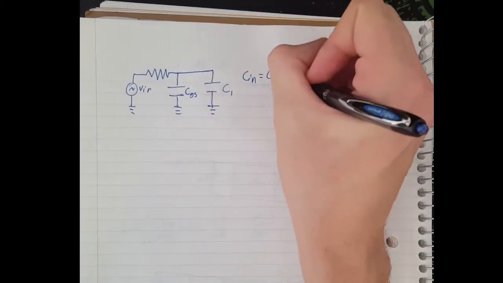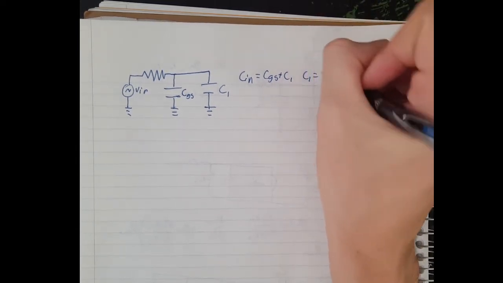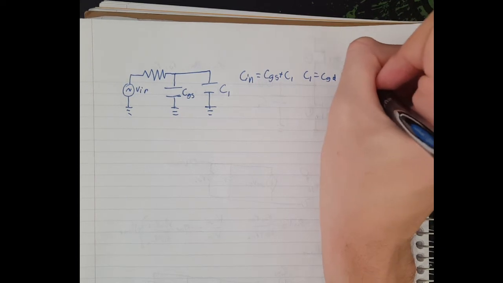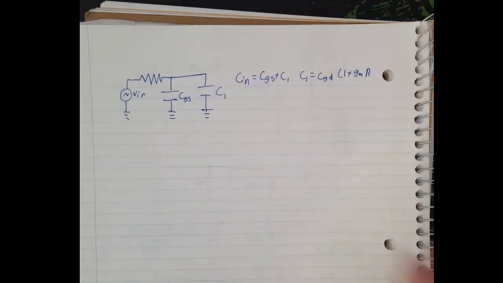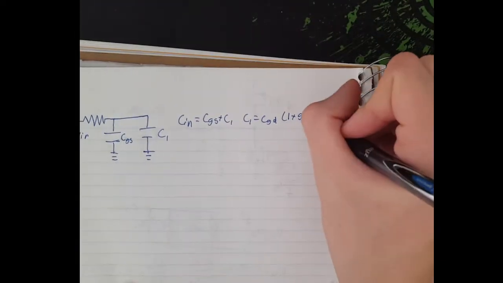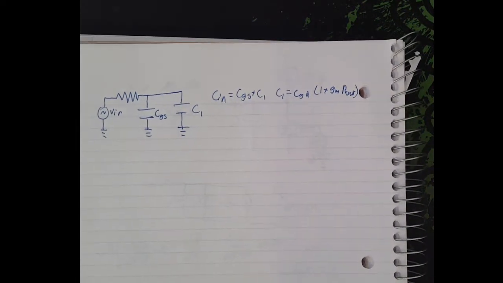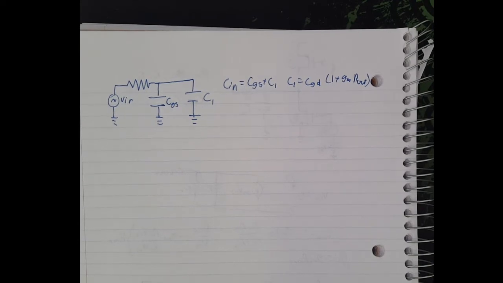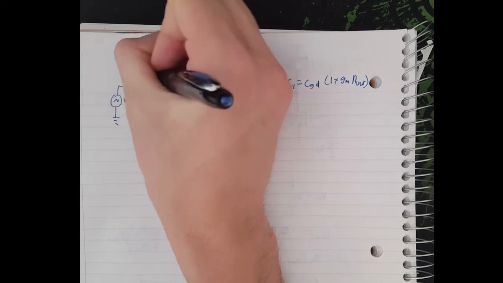It's equal to CGS plus C1. C1 is equal to CGD times 1 plus GM R out. So then this is our R sig.